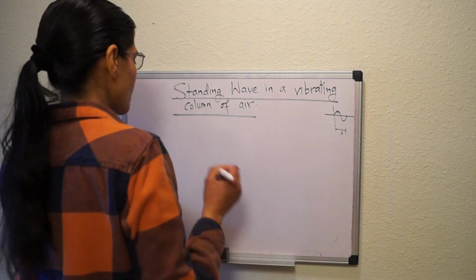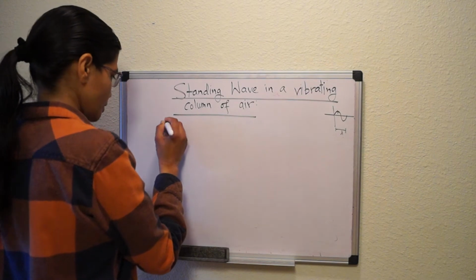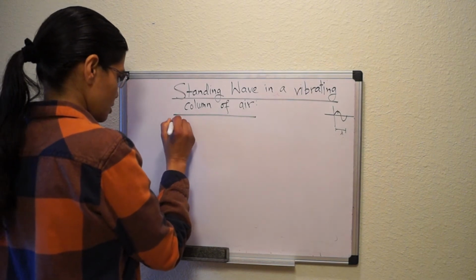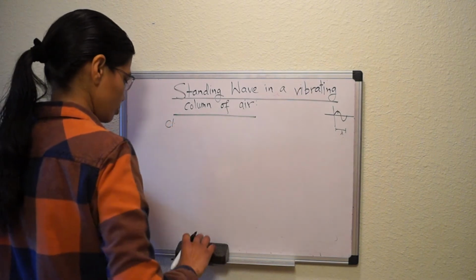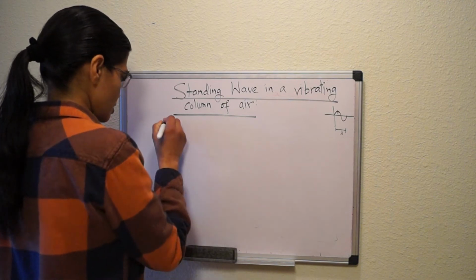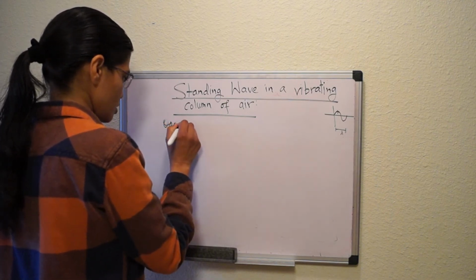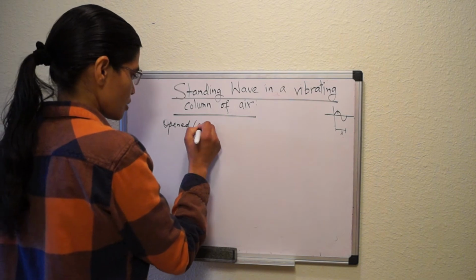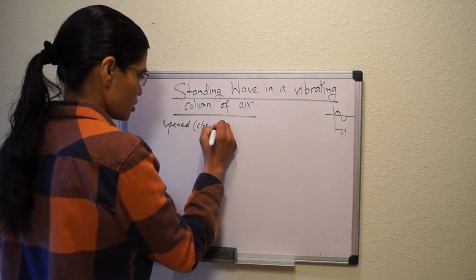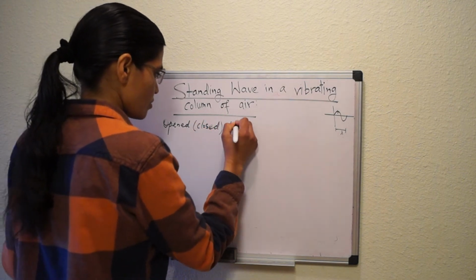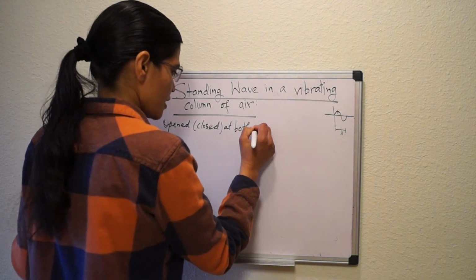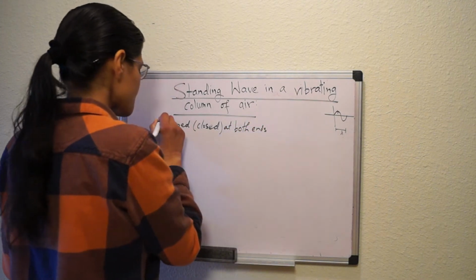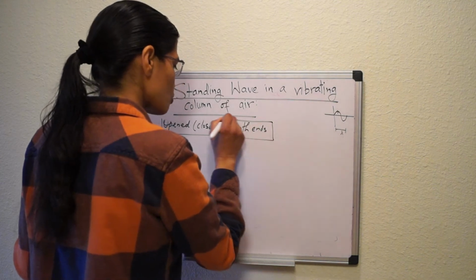So now let us make this open or closed at both ends. This is also called an open or closed tube.